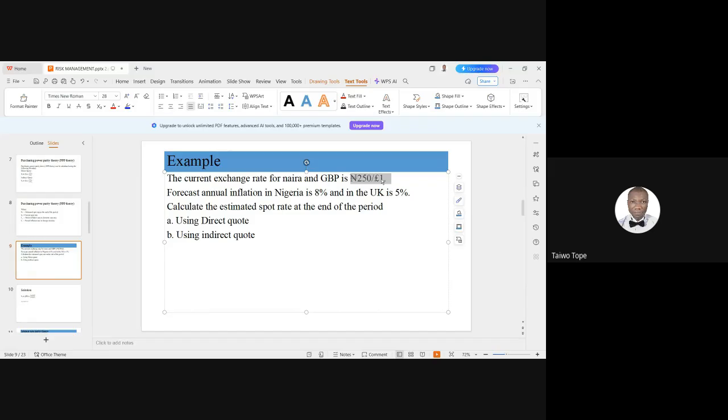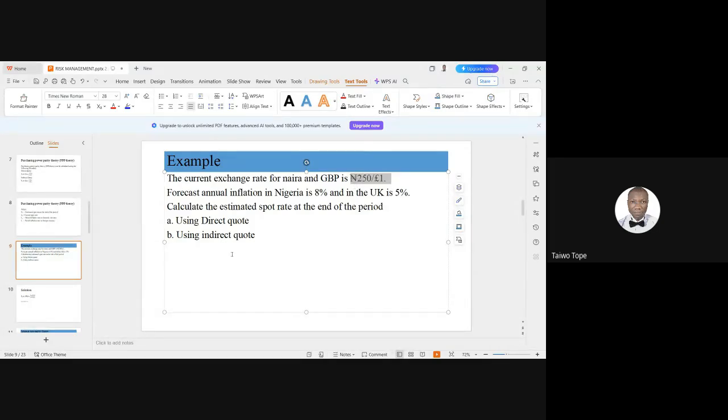This aspect, you must sit down very well and analyze on your own and know how to determine it. Based on the definition I've given, please just follow that definition. As you see a question, follow the definition, interpret it, and you get it. So don't get yourself confused about anything. Using the indirect quote now, you need to get the reciprocal, which will be 1 over 250, and you get 0.004.